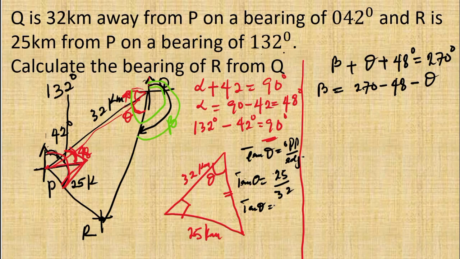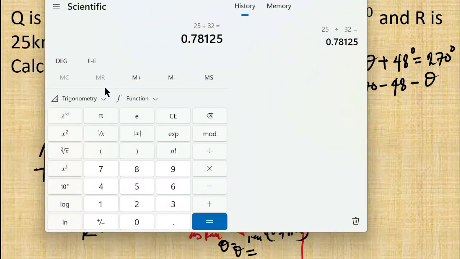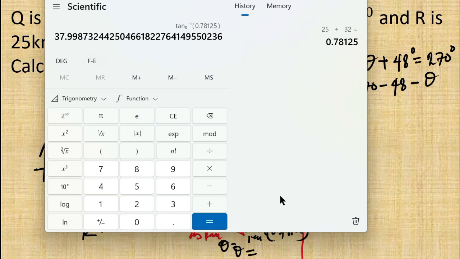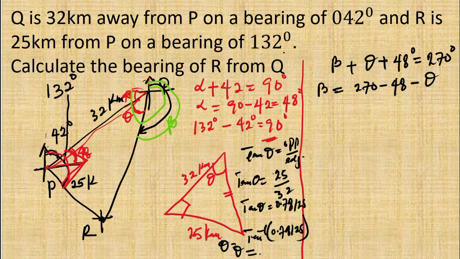Tan theta is equal to 0.78125. Then theta will come from the arctan, that's the tan inverse of 0.78125. That's 37.99, that's 38 degrees. Theta is 38 degrees.